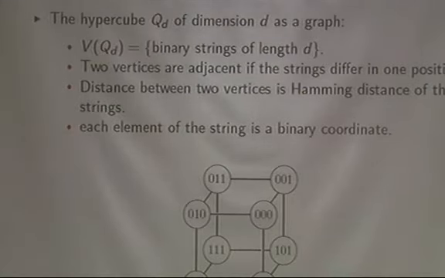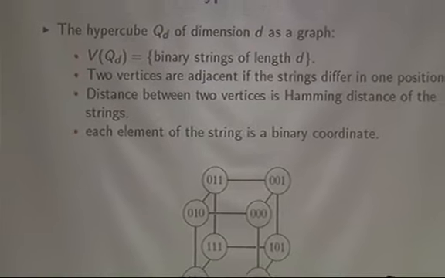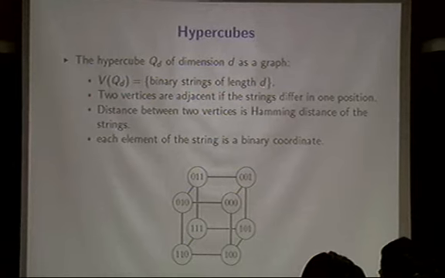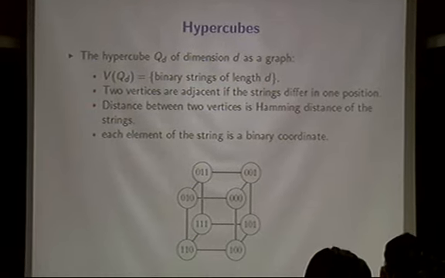Okay, so one of the main objects we will look at are hypercubes as graphs. So the hypercube as a graph of dimension d is here. It has as the vertex set the set of binary strings of length d. Here we have an example of dimension 3. And two vertices are adjacent if the strings differ in exactly one position.